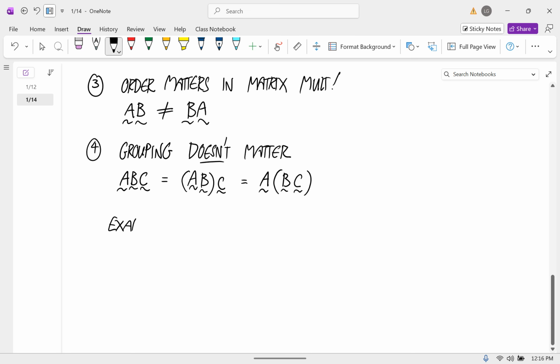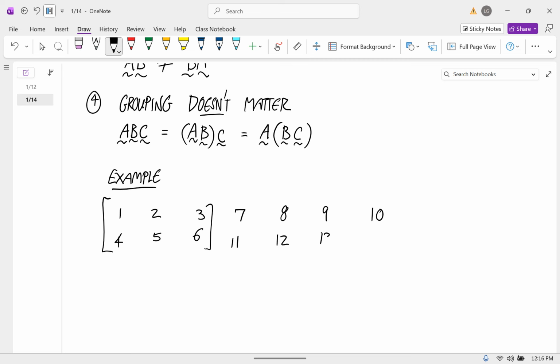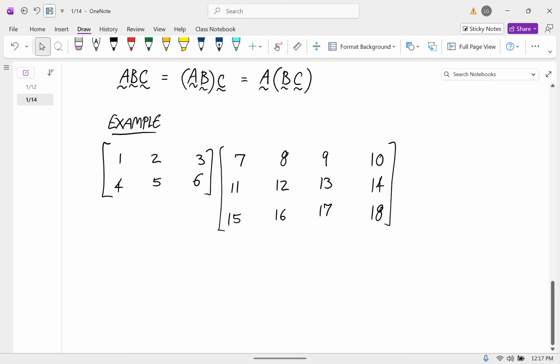Okay, so let's just do one quick example. So let's say we have a matrix 1, 2, 3, 4, 5, 6, and another matrix 7, 8, 9, 10, 11, 12, 13, 14, 15, 16, 17, 18. And we want to know two things.